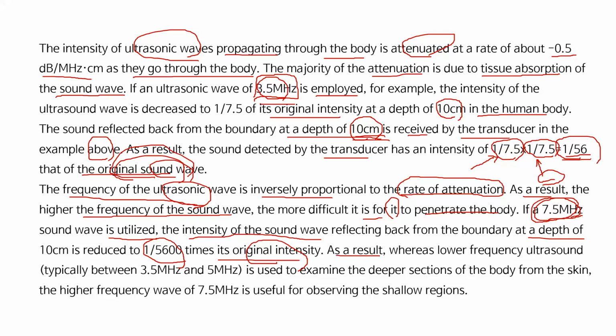So as a result, whereas lower frequency ultrasound, typically between 3.5 and 5 MHz, is used to examine the deeper section of the body from the skin, the higher frequency wave of 7.5 MHz is useful for observing the shallow regions.